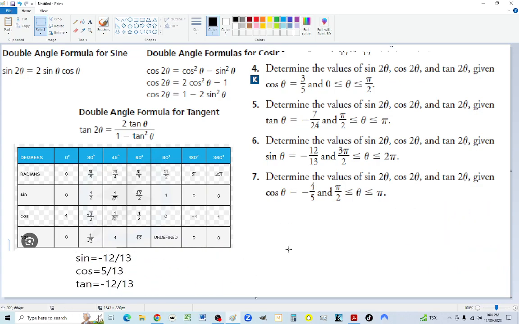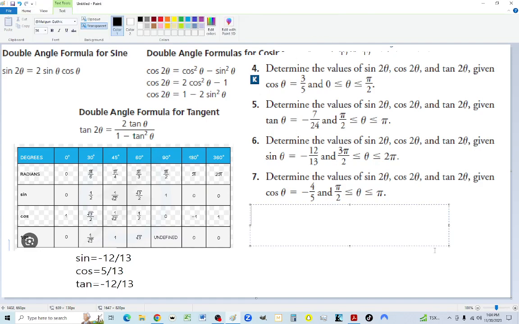There we go. Which means if I'm going to figure out the double angle formula for number 6 of sine 2 theta, or 2x, it's 2 times sine x times cos x, and as you can see, you just replace things over and over again. Sine x we've determined is minus 12 over 13. And cos x we've determined is 5 over 13.